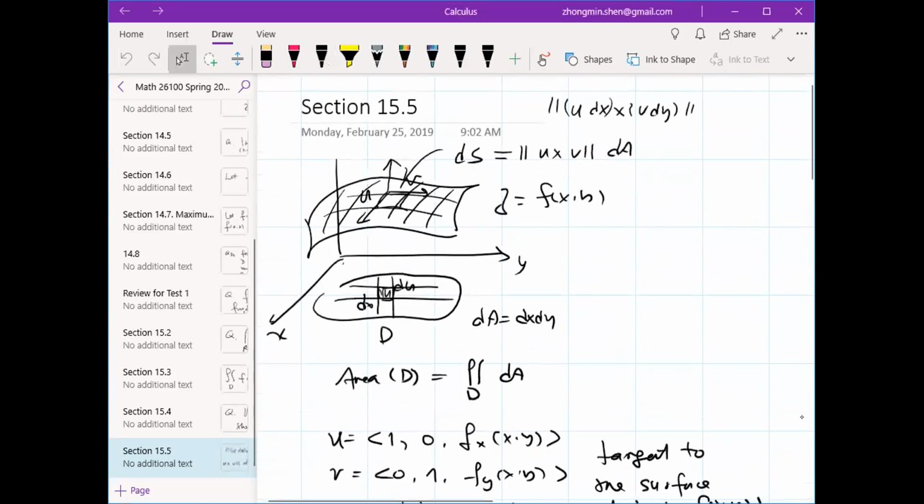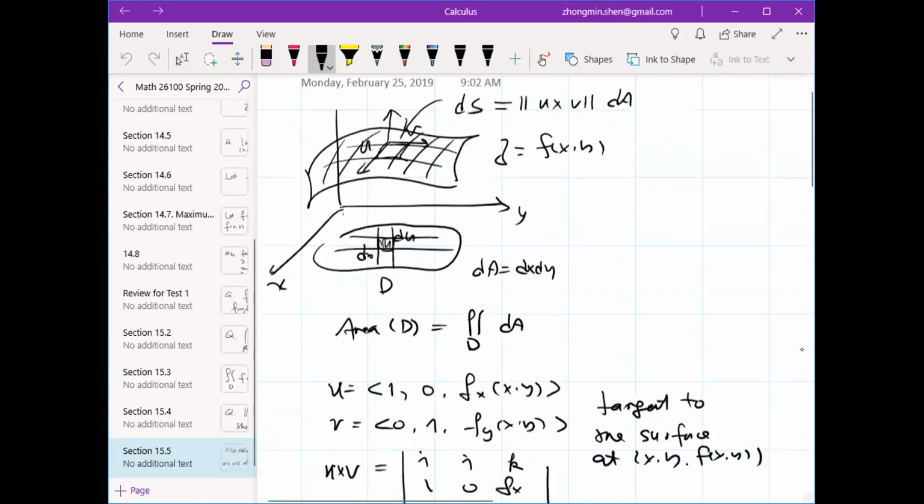And above each rectangle, you have a piece of surface which can be approximated by a parallelogram, the sides determined by the two tangent vectors to the surface. Of course the tangent vector could be very long, but it has to be multiplied by dx.